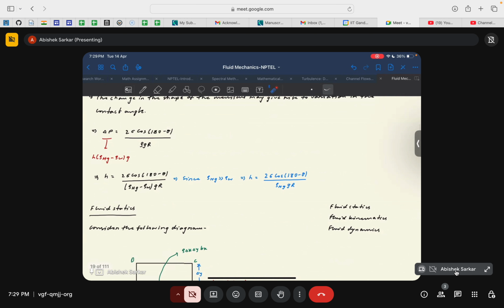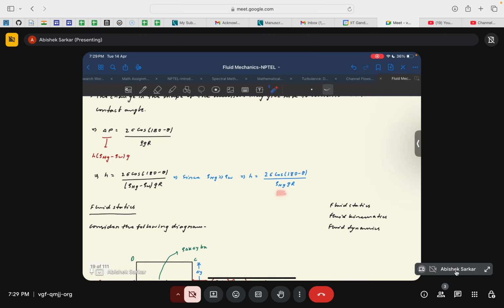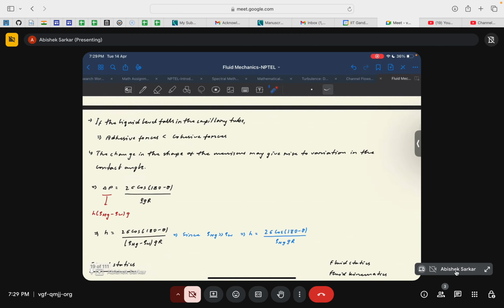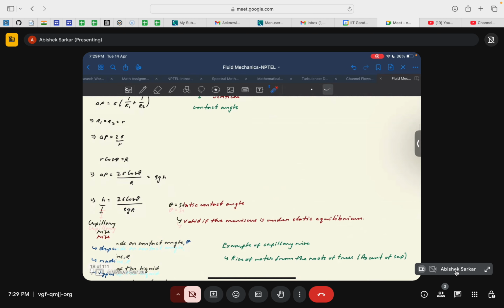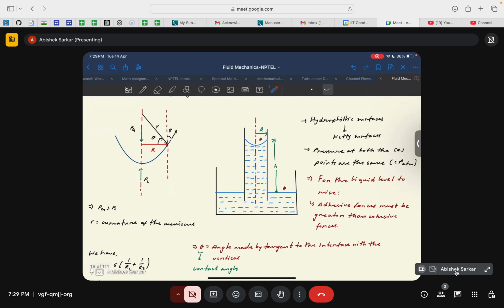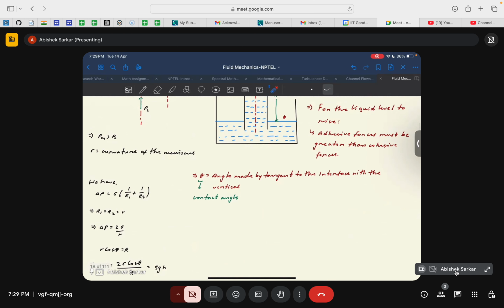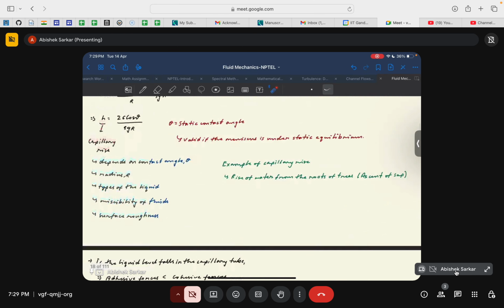The meniscus formed will be a convex shaped meniscus, and you can see the angle formed would be greater than 90 degrees, say 170 or 180 degrees, for example. So this kind of fluid will form a convex shaped meniscus.